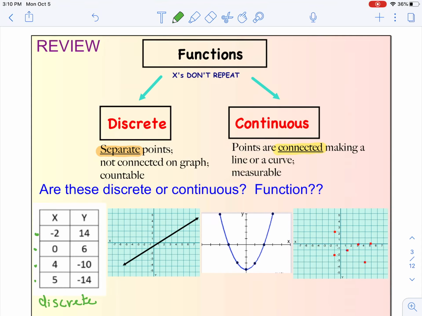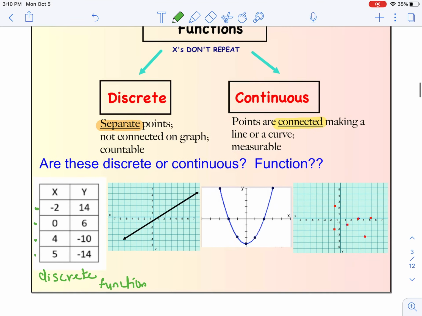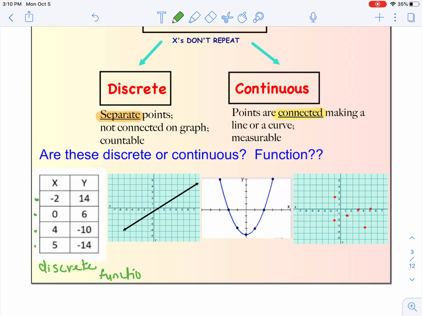And it happens to be a function. I can tell it is a function because the x's don't repeat. So it's a discrete function. Should really write that underneath it, so we don't have any confusion. So it's discrete, and it's a function. It's a discrete function.